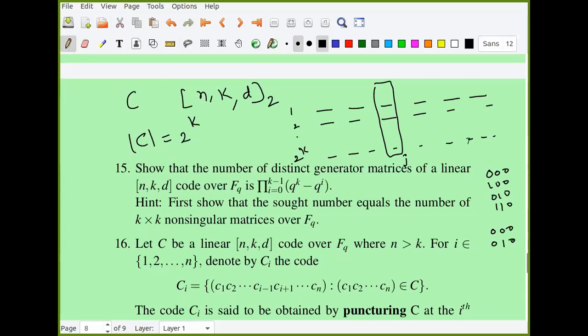The second position 0 also I can make. So all can be 0. Can you guess now? Can you conjecture something? The number of zeros in the jth position is between 1 and 2 to the k. That is general.